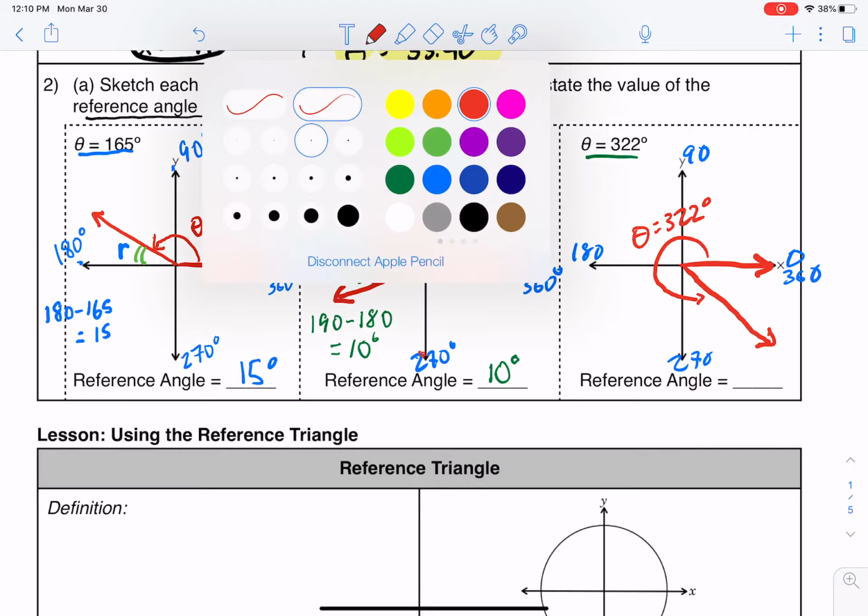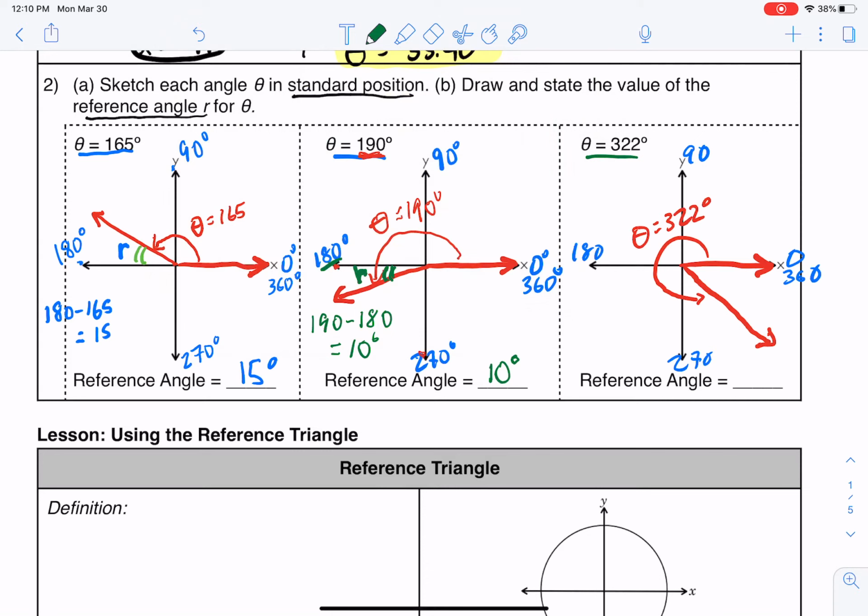Now the reference angle, R, is the distance between that terminal side and the x-axis. So one way to calculate it would be to say, all right, I've traveled 322 degrees out of 360 degrees.